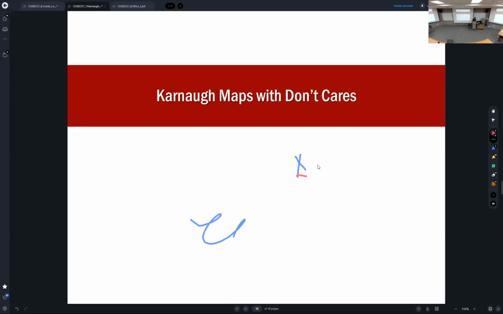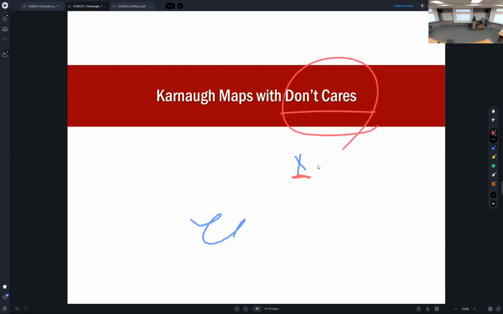But this X does not represent contention, okay? When I explained the symbol X, I also explained that we need to understand the symbol X based on context. So sometimes X represents the don't care, okay?